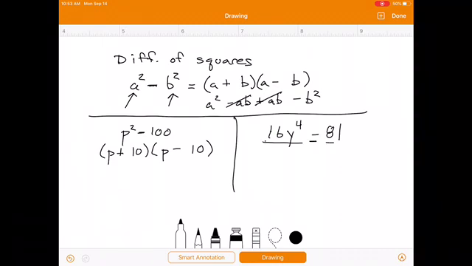Also notice that we do have a difference, and that 81 is a square. So it meets the conditions for being a difference of squares. Who times who makes 16? That's going to be 4 times 4. And what times what makes y to the 4? That's going to be y squared. And then we need a plus and we need a minus. And what times what makes 81? That's going to be the 9.